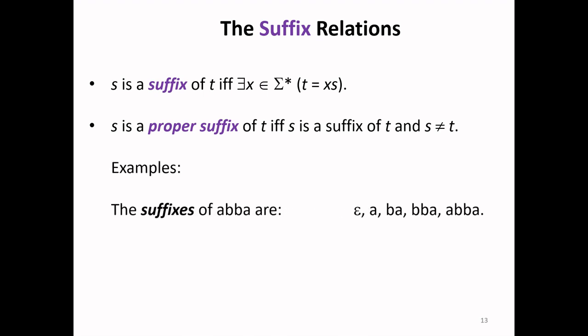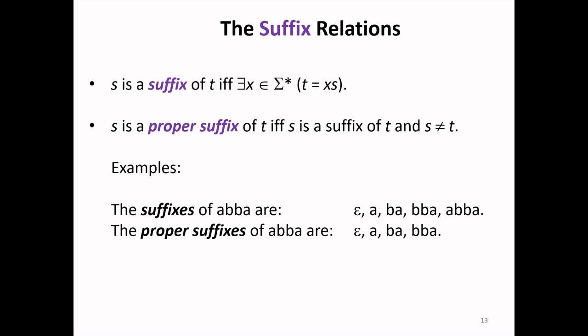Let us take an example. Suffixes of ABBA. What are the possible suffixes of ABBA? Epsilon, A, BA, BBA and ABBA. Proper suffixes are epsilon, A, BA, BBA.